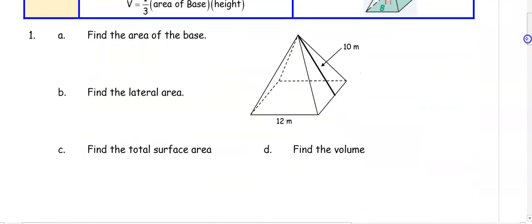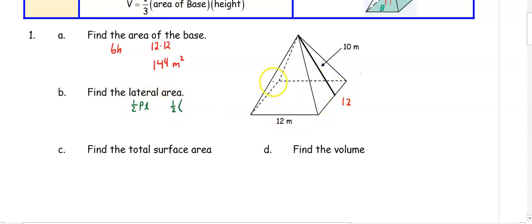So in number one, we want to find the area of the base. So this is always going to be a square for our base. So to find the area of the square, it's base times height. So 12 times 12, which is 144 meters squared. Finding the lateral area. So the lateral area is 1/2 perimeter times the slant height. So we would have 1/2 the perimeter of our base.